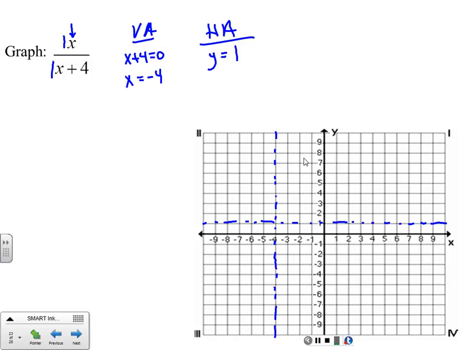So now let's go back to the T-chart and see where we're going to be. Let's plug in negative 3. If I plug in negative 3, what am I going to get? You're going to get negative 3.